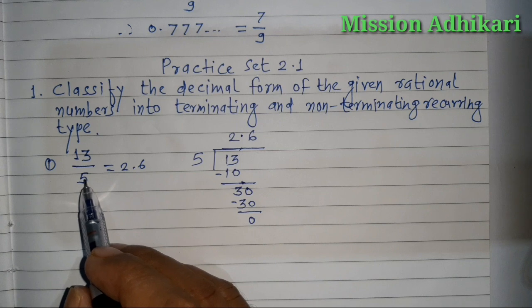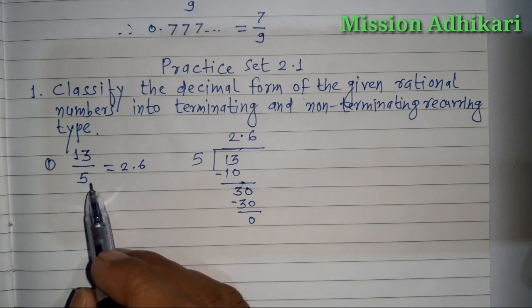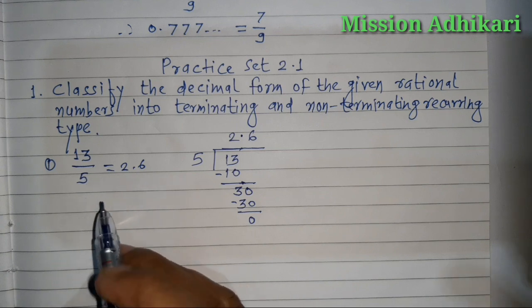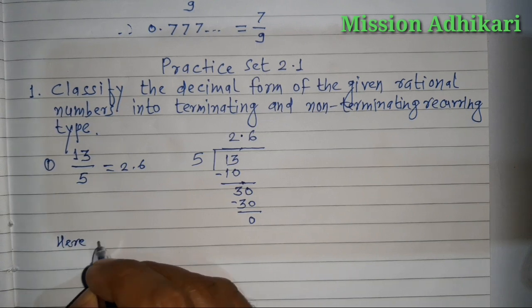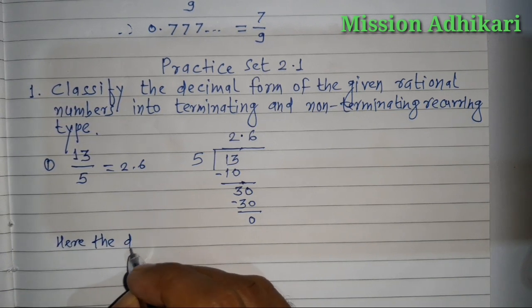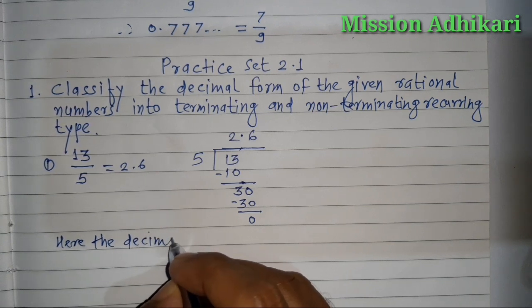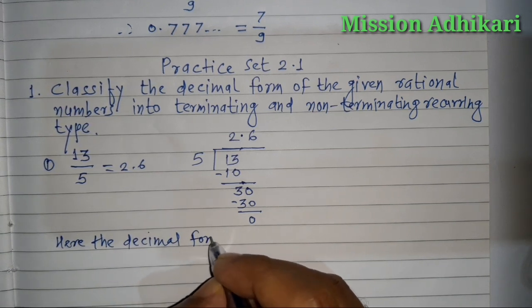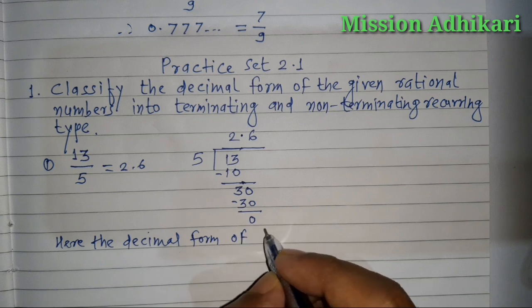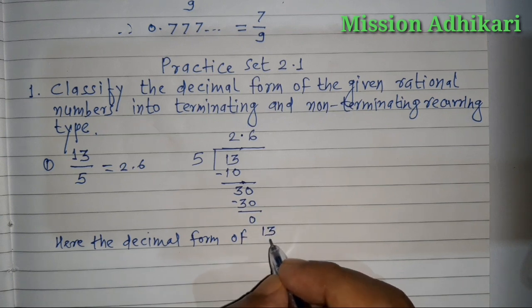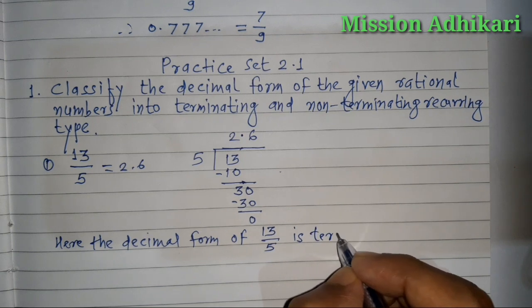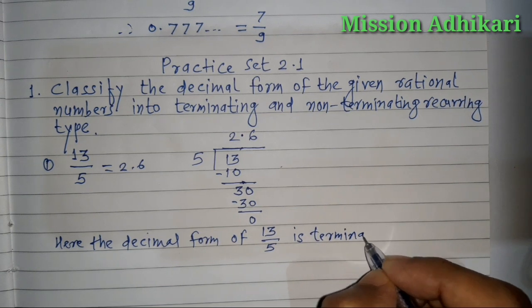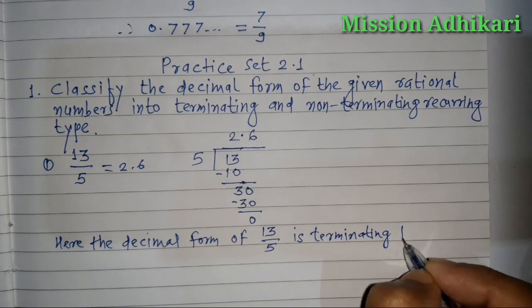The decimal form of the rational number 13 upon 5 is terminating type.